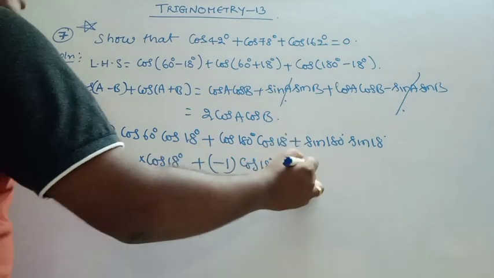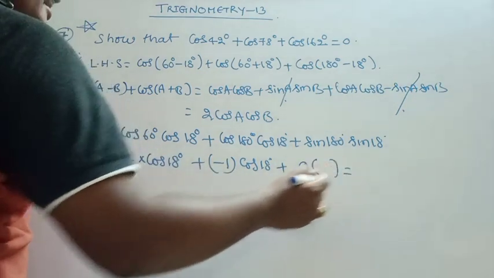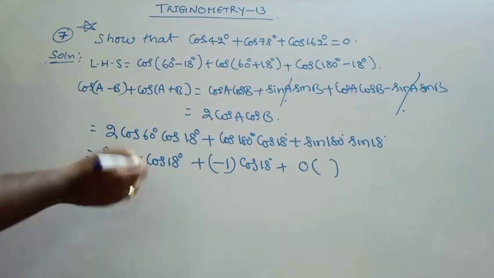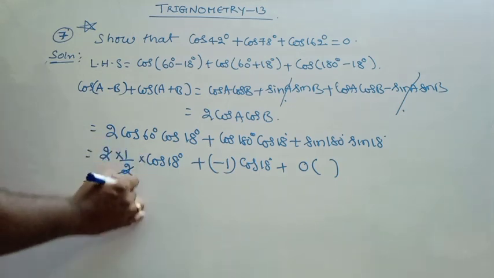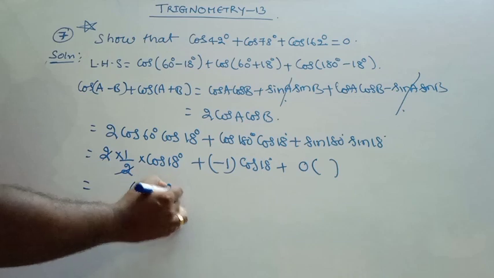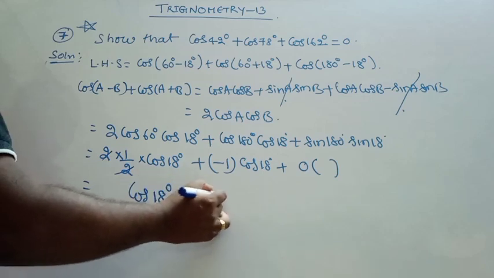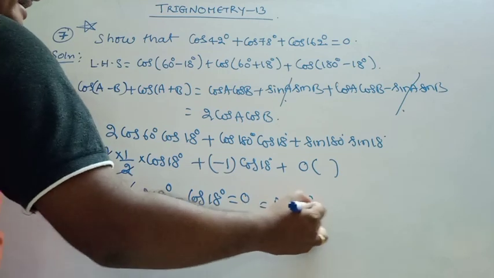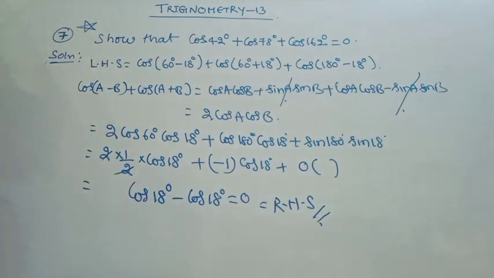Sin 180 degrees is 0, and 0 into anything becomes 0. Now let us simplify this. The 1 by 2 and 2 cancel, and you have cos 18 degrees minus cos 18 degrees, which gives you 0, and that is the right hand side. In this way you prove this beautiful problem.